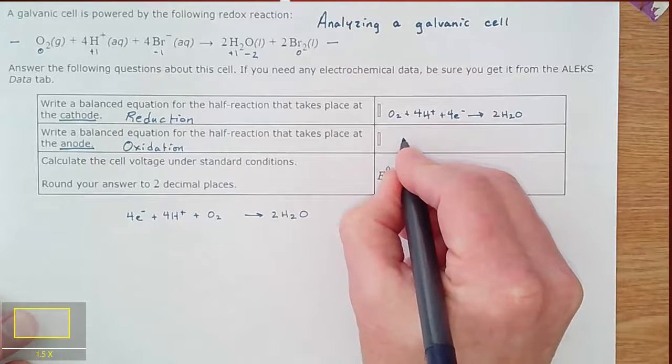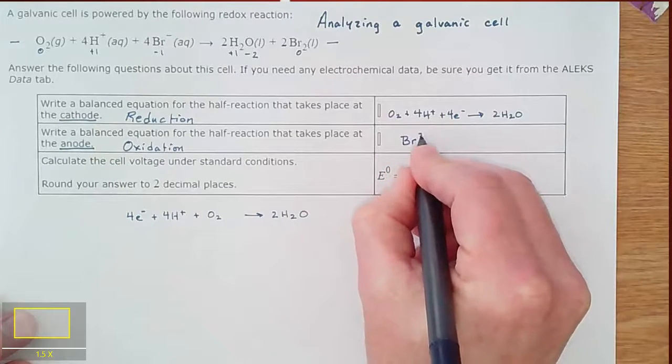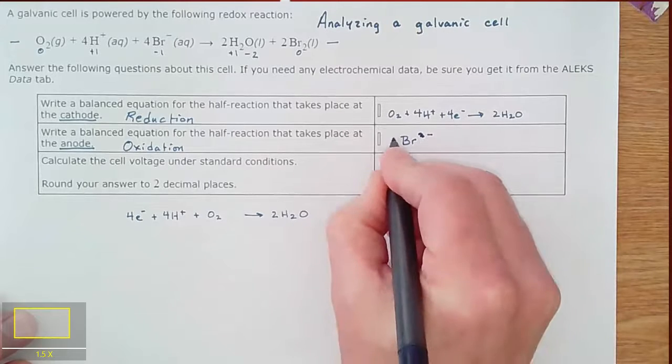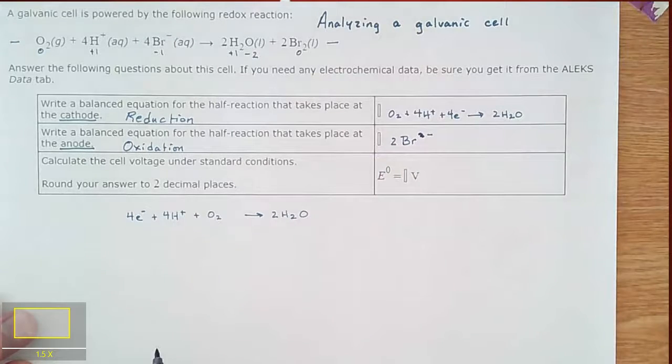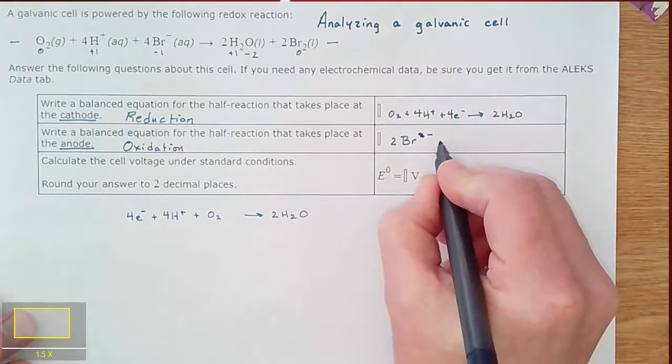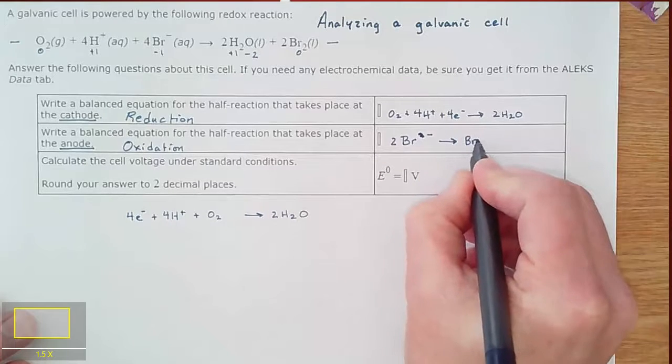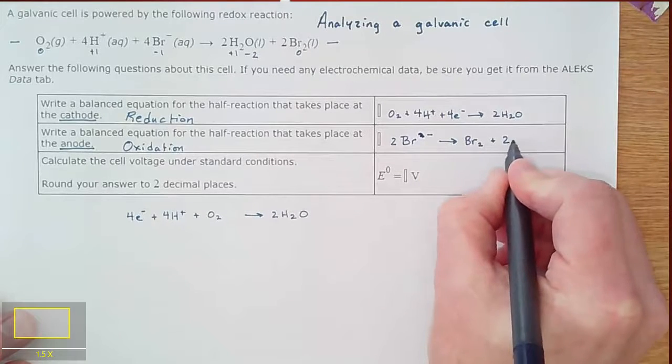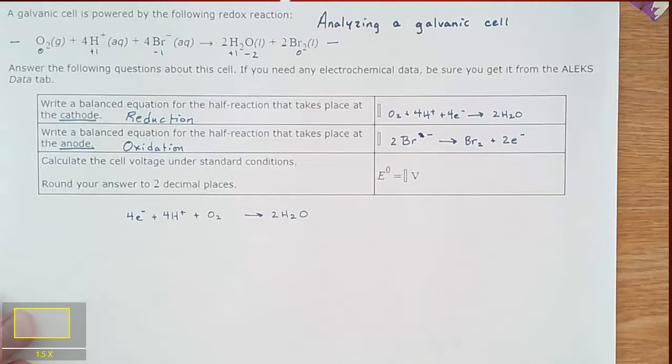We're going to have Br-, 2 of those, and 2 Br- going to Br2 plus 2 electrons. That's the half reaction that will occur at the anode. That's the oxidation part.